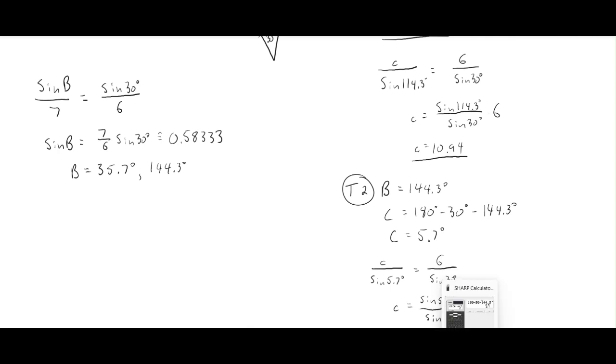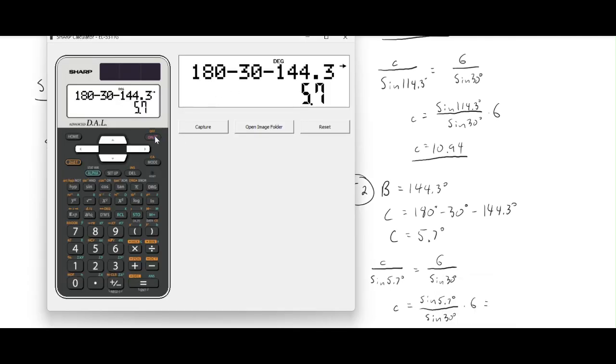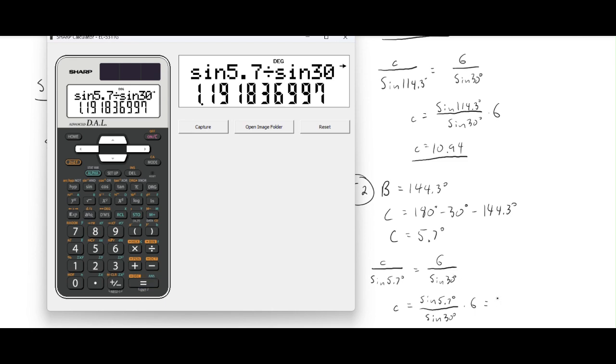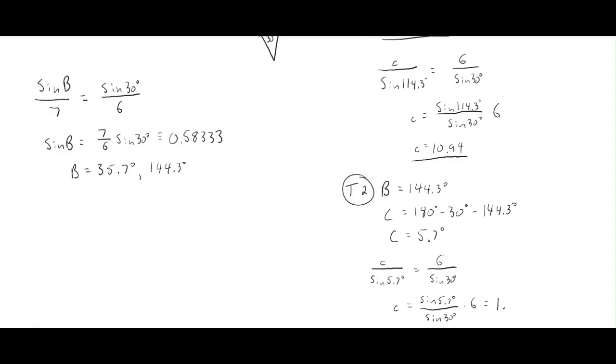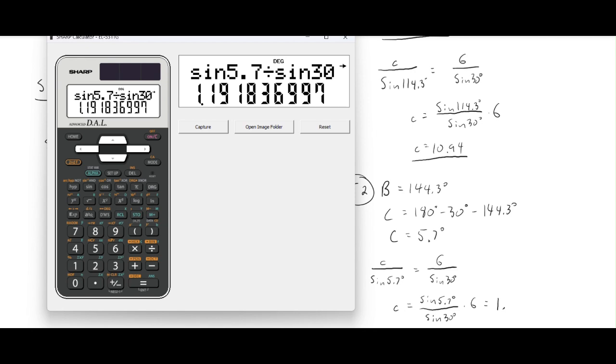See what we get. Sine 5.7 divided by sine 30 times 6. All right, so this time C is 1.19.